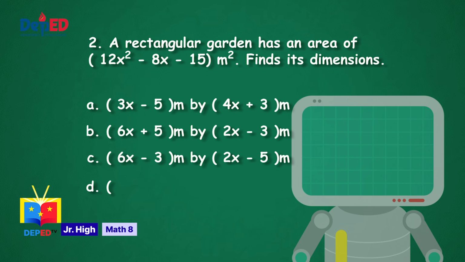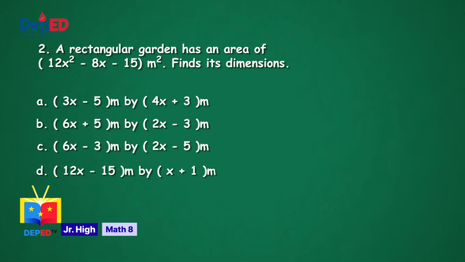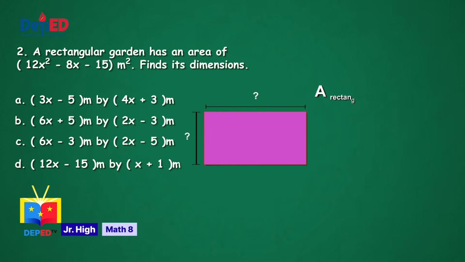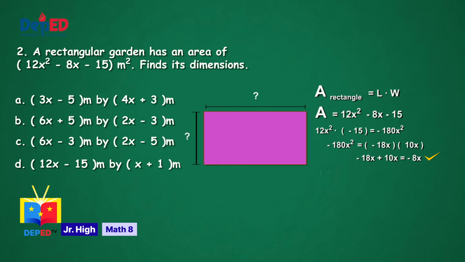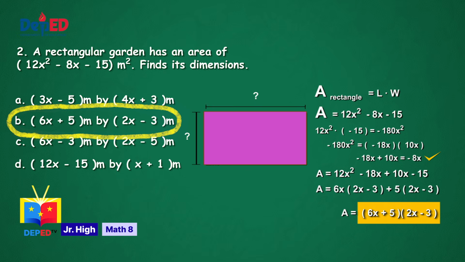Or D, 12x minus 15 meters by x plus 1 meters? The dimensions are given by letter B, 6x plus 5 meters by 2x minus 3 meters.